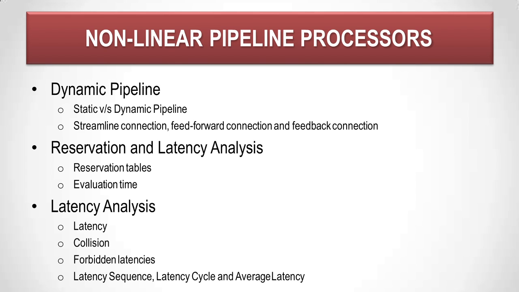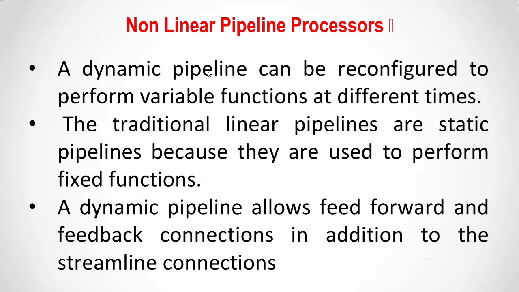So let us now discuss non-linear pipeline processors. Earlier we discussed linear pipeline processors. We will now discuss dynamic pipeline or non-linear pipeline processors. Non-linear pipeline processors, also called dynamic pipelines, can be reconfigured to perform variable functions at different times.